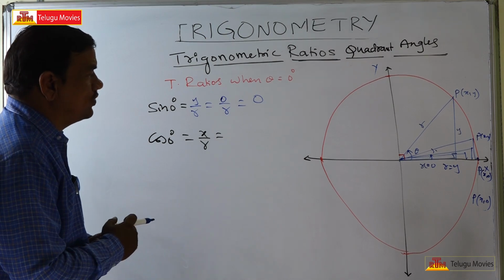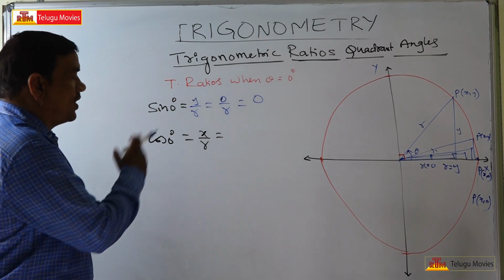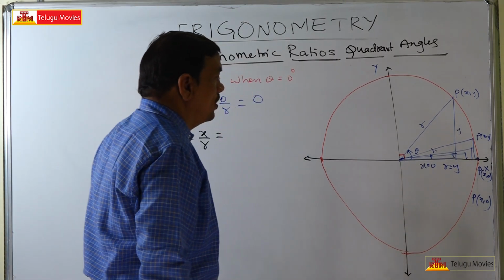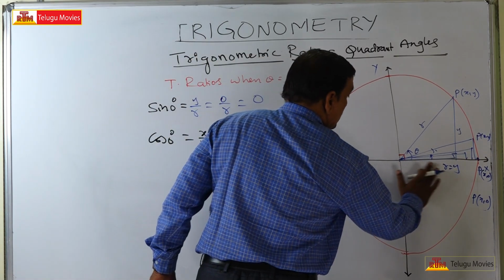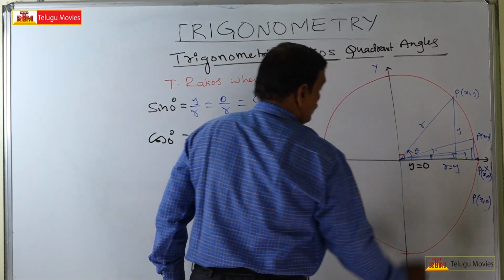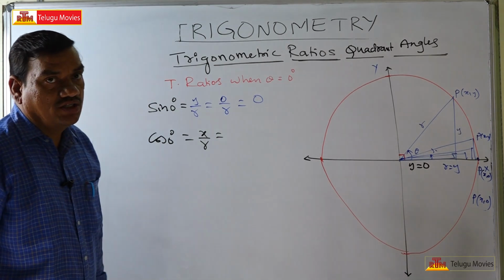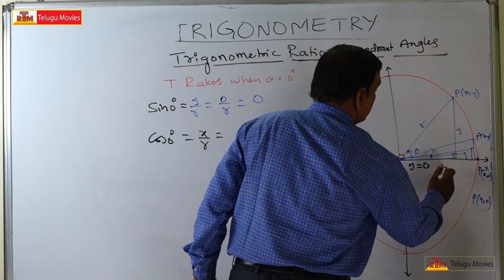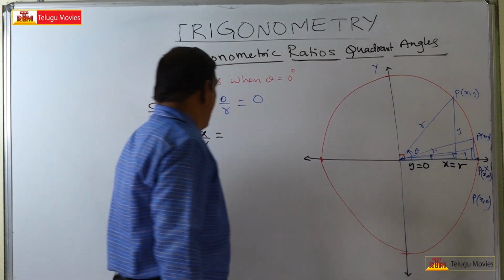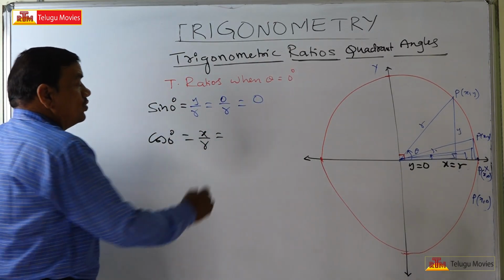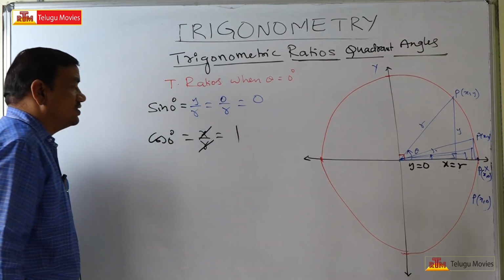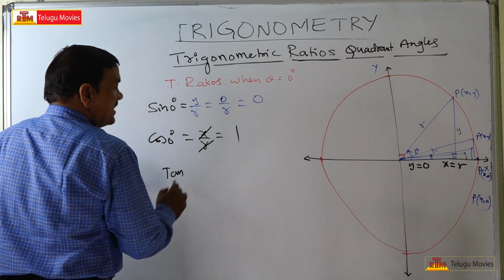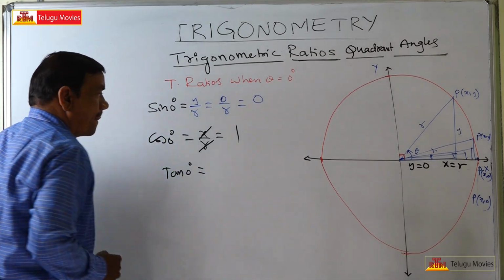Here the y value will become 0, y is equal to 0, and x will become x is equal to r. So if you observe, x is equal to r, both are equal, which means cos 0 is equal to 1. Okay, now next thing. What is tan 0?